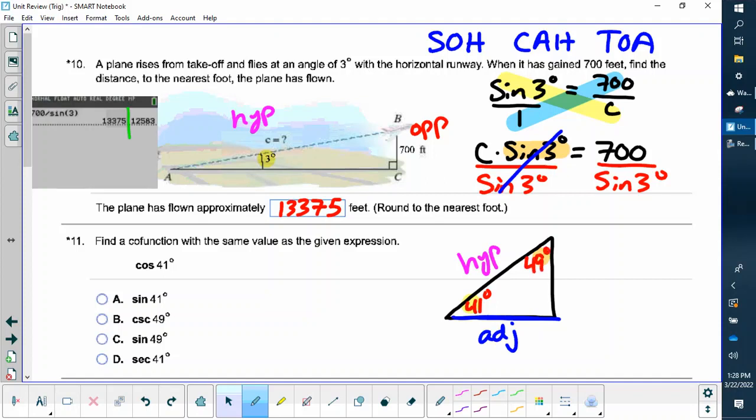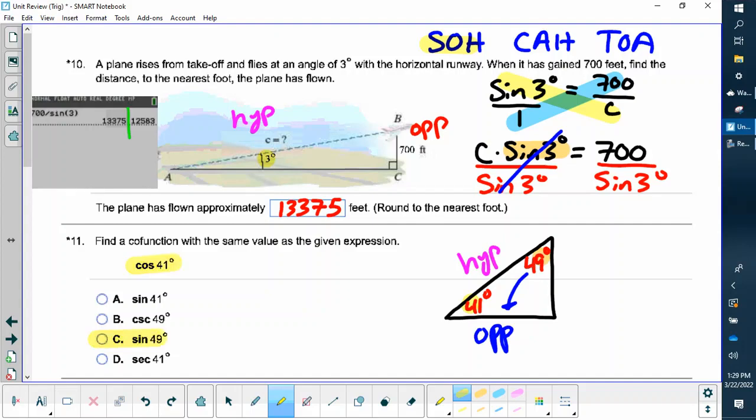Now, if I'm looking at the other angle, this is no longer the adjacent. Now this is the opposite. Opposite over hypotenuse just happens to be a sine problem. And so my answer here is C, sine of 49, and I'm saying it's equivalent to 41.